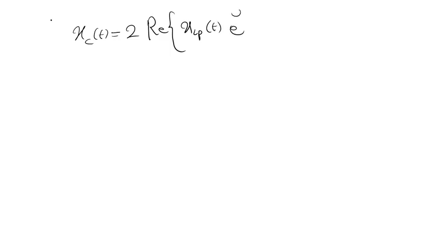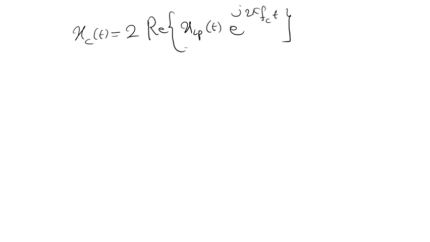What is the relation between band pass and low pass equivalent? It is 2 times the real part of X low pass(t) e^(j 2π f_c t).